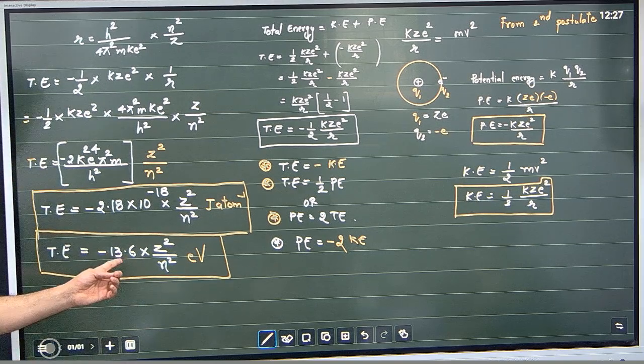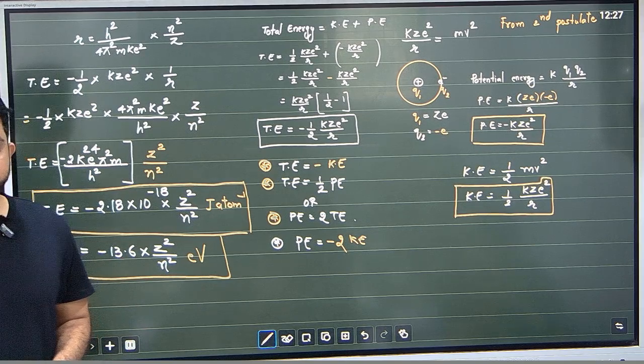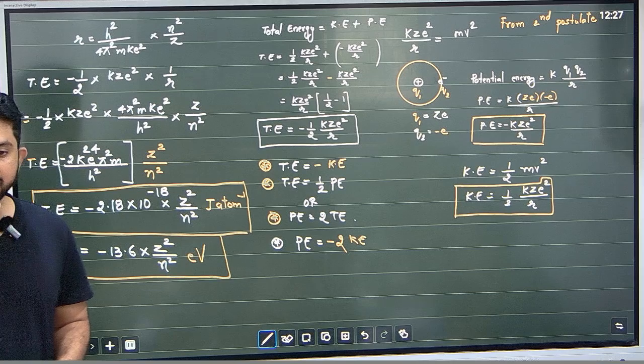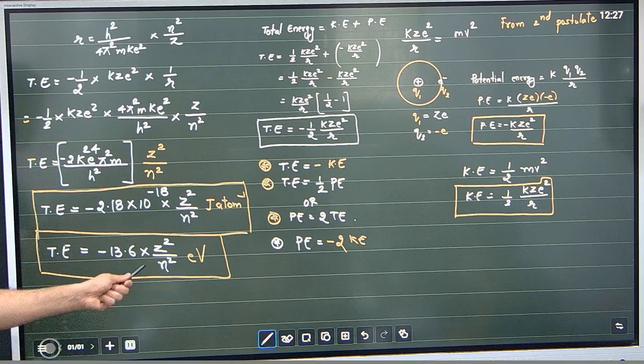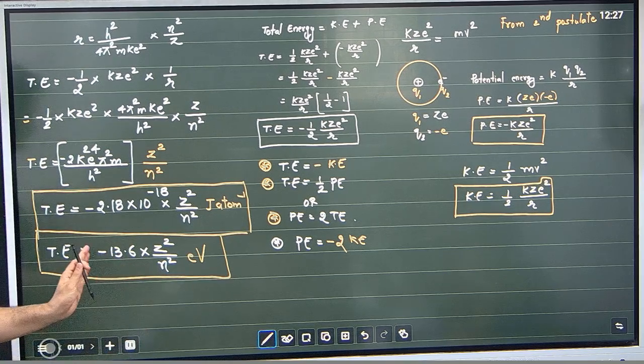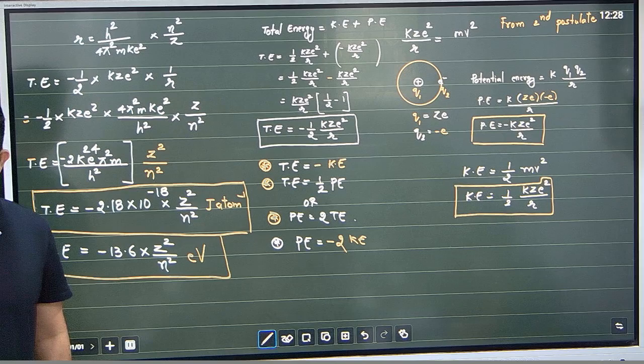With reference to this formula, what is the energy of the electron in the first Bohr orbit of hydrogen atom? Minus 13.6. Z will be 1, N will be... how much is that? Negative 13.6. What is the energy in the second orbit?